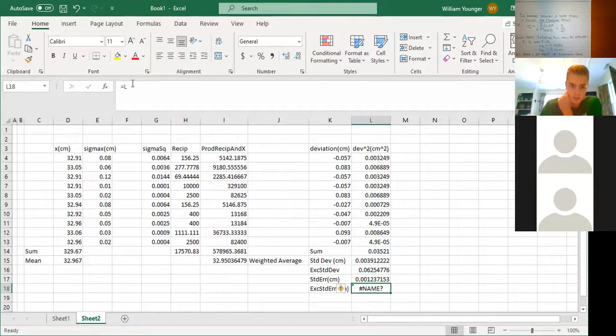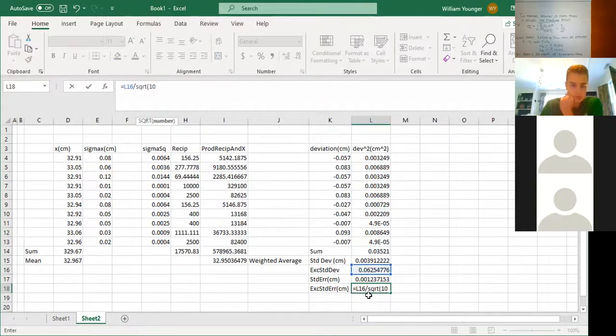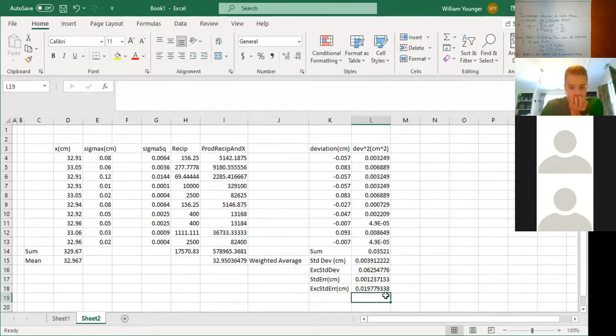It's equal to this divided by the square root of 10. And that looks better to me. That looks like the more likely outcome.